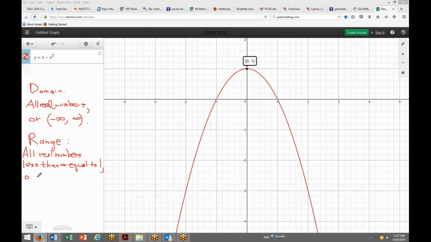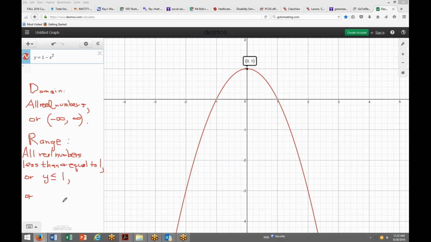Or we can now write an inequality, which is pretty efficient. If it's from negative infinity to positive infinity, you can't really say x is greater than this or x is less than that. It's just infinite. But now it does have a limitation, so we can say y is less than or equal to 1, or third choice, use our interval notation, which you'll be doing a great deal of with WebAssign.